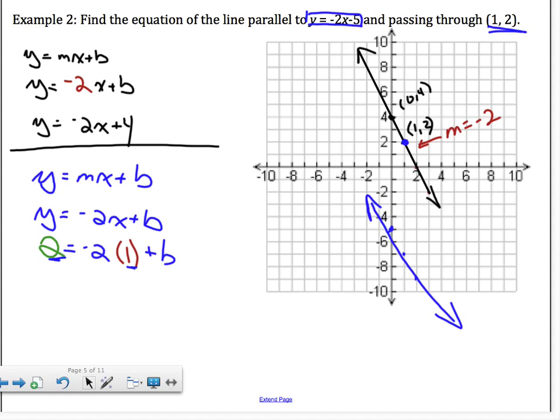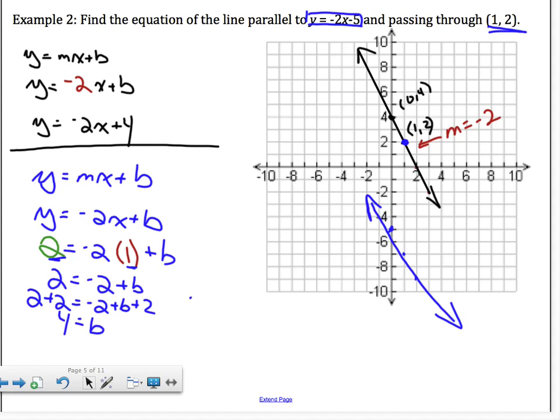And now we can go off and try to solve for b. So here we get 2 is equal to -2 plus b. And add 2 to both sides. And we're left with b is equal to 4. And we saw that we got the same thing.